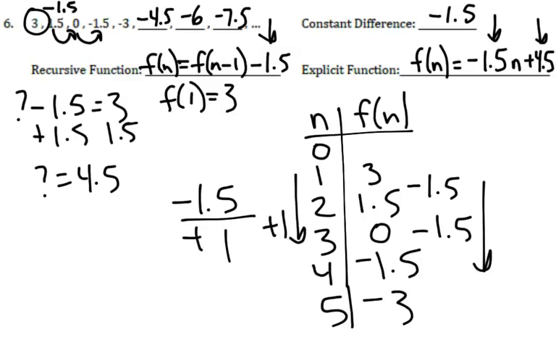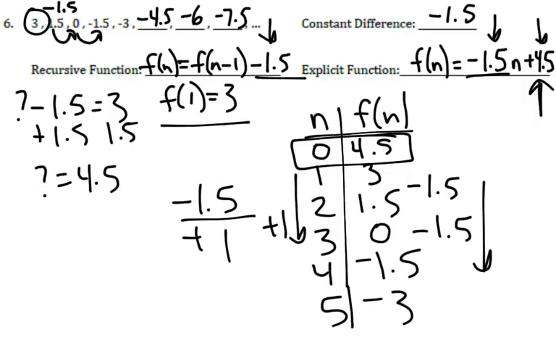Well, what's negative 1.5 over 1? It's negative 1.5. That's where our slope comes in. That's what we're doing on our recursive. Then if we went backwards, we get that 4.5. That would be our Y-intercept. That's why it goes right there. And that would be the term we'd put in there first to get us to where we need to be. So there we go.